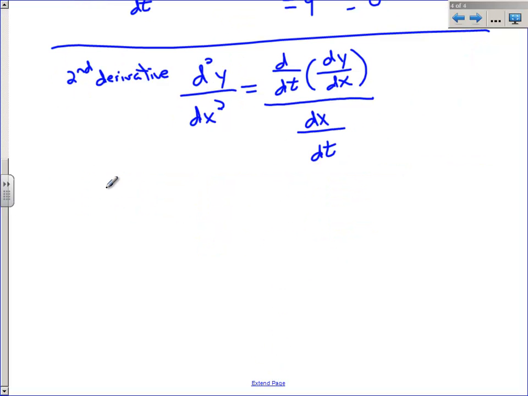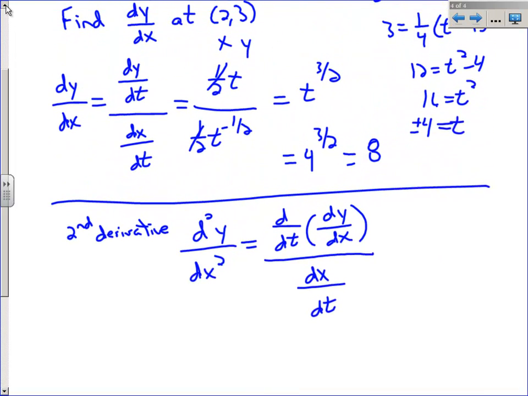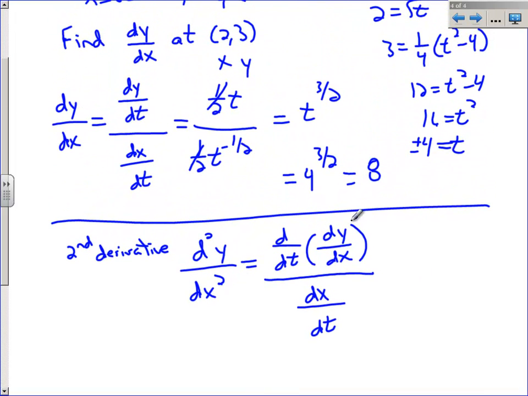So let's do that with the example we just had. If we take d/dt of our dy/dx, which was t to the 3/2, that's going to be 3/2 t to the 1/2.